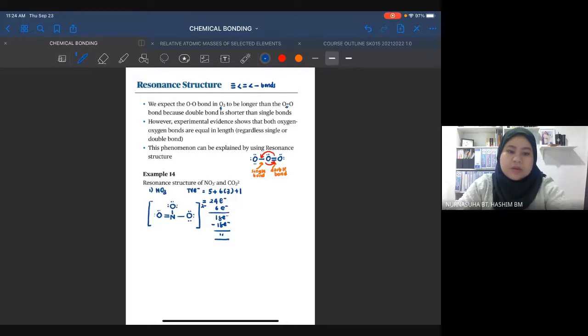Sekejap. Madam tak boleh bagi definition sesuka hati ya. Madam kena rujuk nota my own notes.